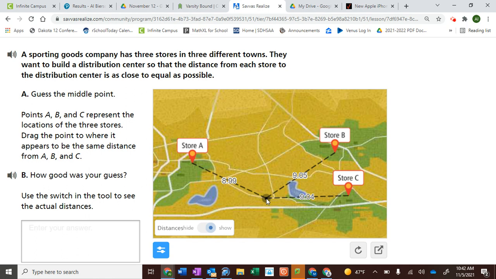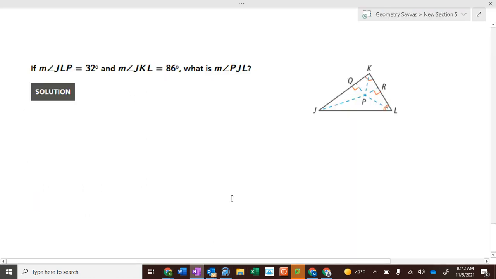But I mean, I can't get it perfect, Ella. I'm sorry. I'm not perfect. Now, maybe you can get it perfect, but I can't. Okay. So that's applying what we did yesterday to a situation that could come up in real life. You want to be an equal distance away from 3 points. Well, that would be the circumcenter of a triangle.